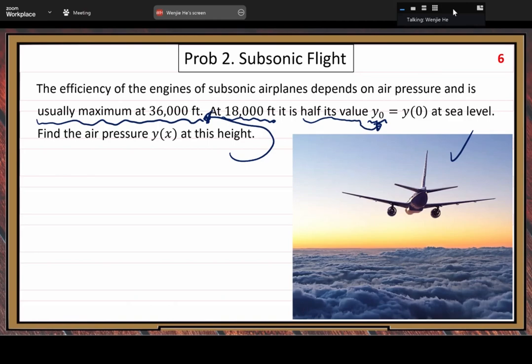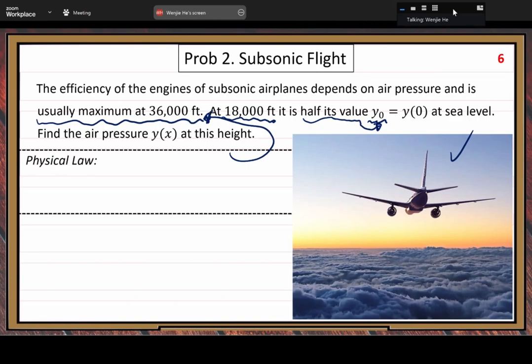First, let's do some analysis, the physical law. To do the modeling, we need to apply appropriate physical law here. So what's that? Decay law, similar to decay law. Okay? All right. The rate of change y prime of x is proportional to the pressure y.